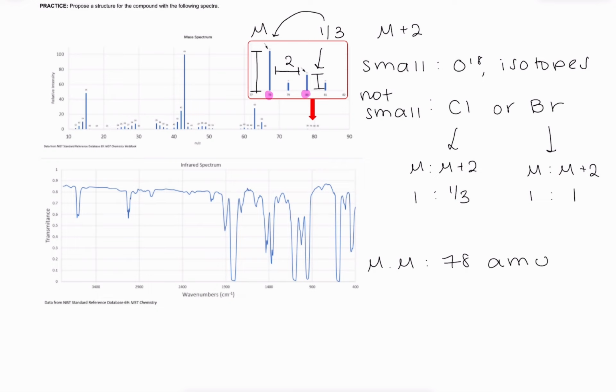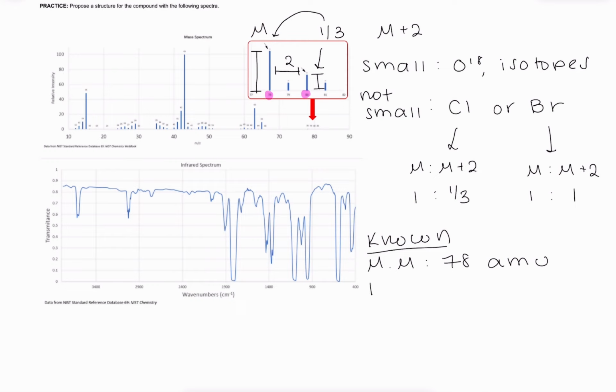Great. And let's also write down what else we know, which is that we have a chlorine atom because the peak at 80 mass to charge is 1/3 the height of M at 78 mass to charge ratio.